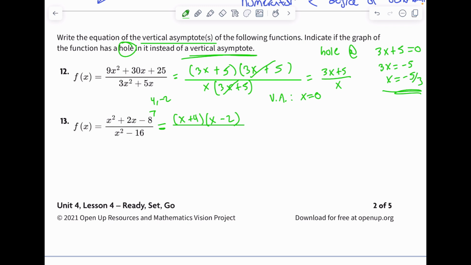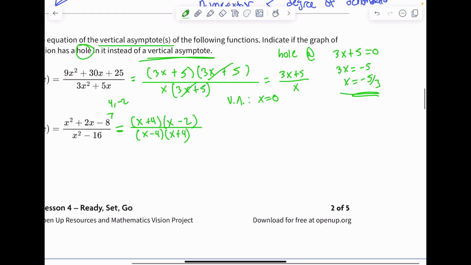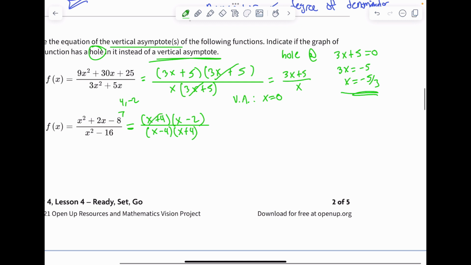In the bottom, I can factor. This is a difference of squares. So this becomes x minus 4, x plus 4. Okay, so we do have a hole, right? So this is going to go away. So we have a hole whenever x plus 4 equals 0. So then x is equal to negative 4 is my hole right there.